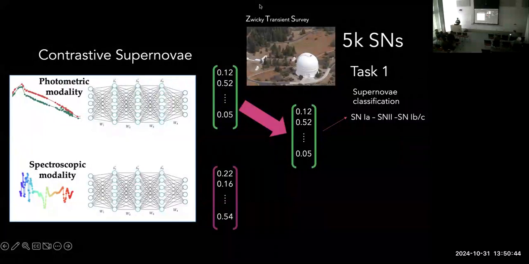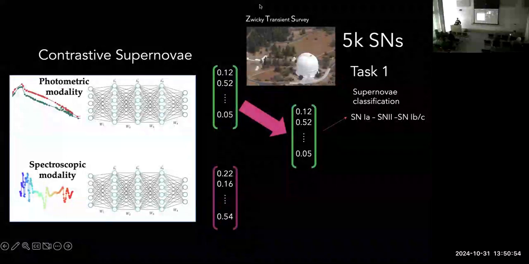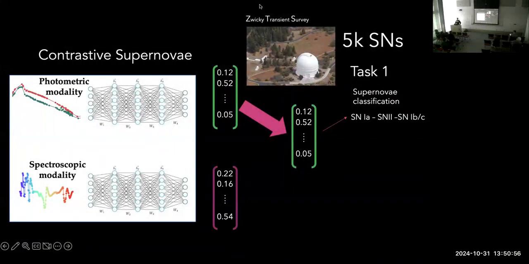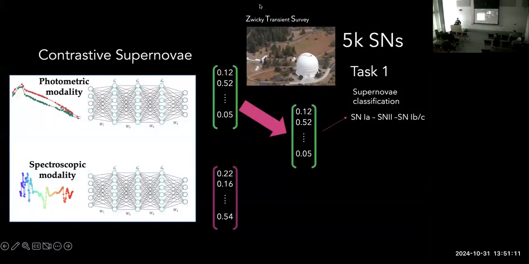The photometric data is so different from your spectroscopic data that I don't know how you would converge. Would it not make more sense to use an adversarial network, where you use the photometric modality to generate a bunch of spectroscopic data as an augmentation?